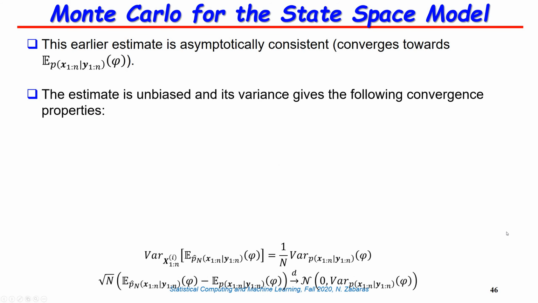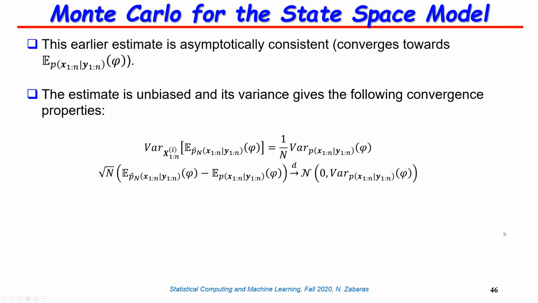And I can write down the estimates for the statistics of the estimator. I can write down a central limit theorem, and I remind you that the expectation under this empirical measure is unbiased. Also, the variance is 1 over n times the variance of phi under the true target distribution.